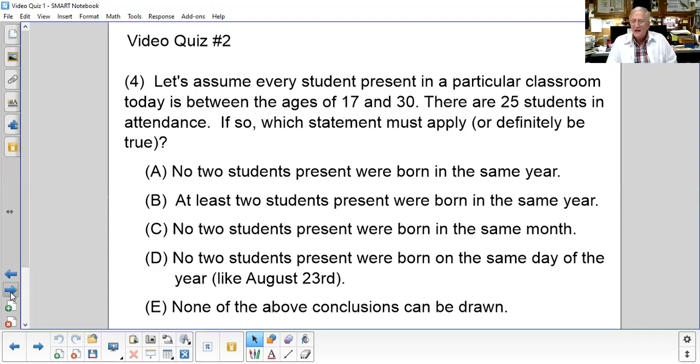Or E, none of the above conclusions can be drawn. Now remember, think of the pigeonhole principle. There are more students than there are different ages for them to be, right? So think about that when answering this question.